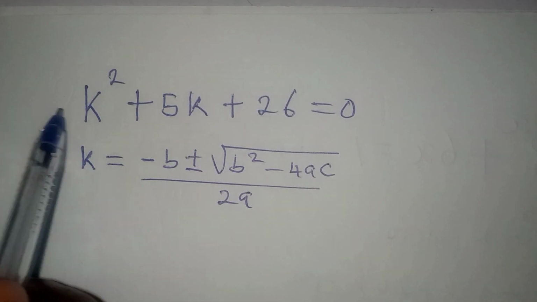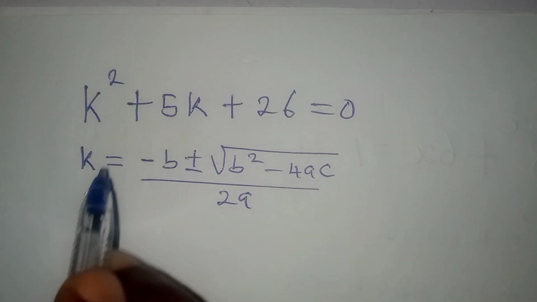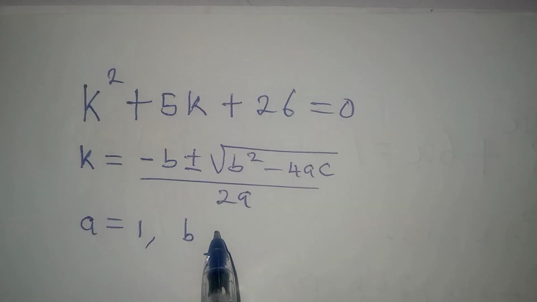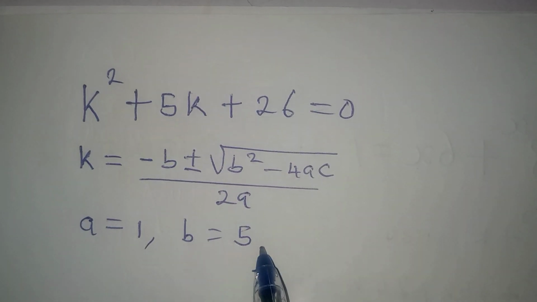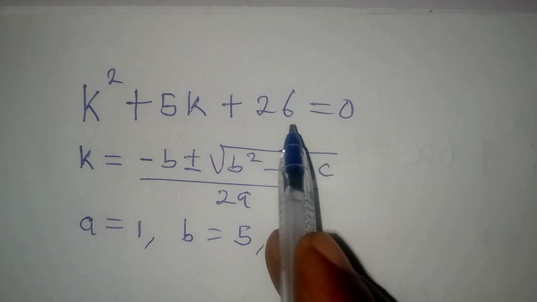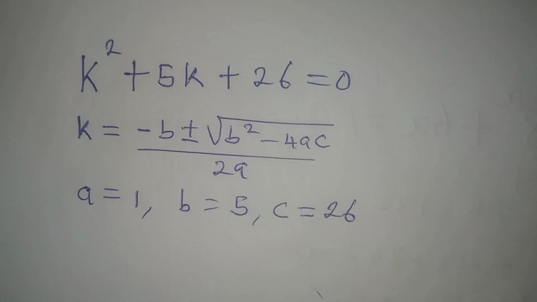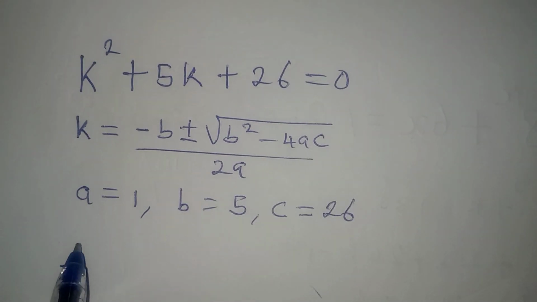It's because in the equation we're having k and not x. Now your a is a coefficient of k squared, which is 1. The b is a coefficient of k, which is 5, and then c is a constant, which is 26, right? But then let's put this into this formula and see what we're going to get.